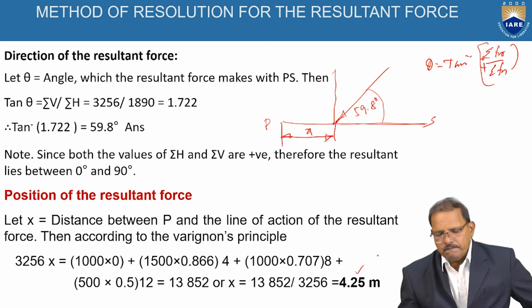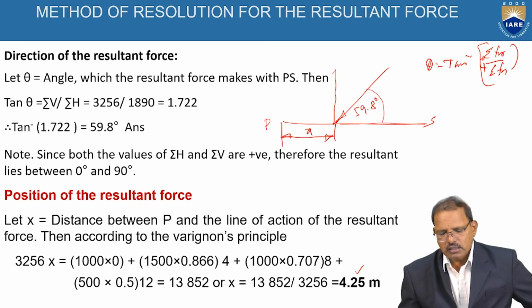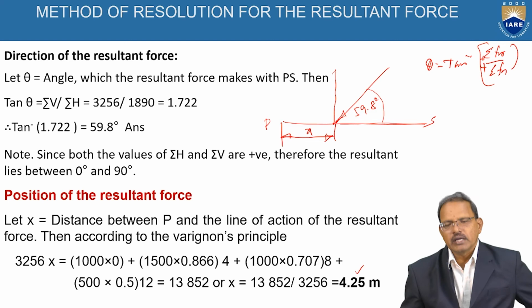That is, from point P the resultant force is acting at a distance of 4.25 meters and making an angle of 59.8 degrees with respect to the x-axis.